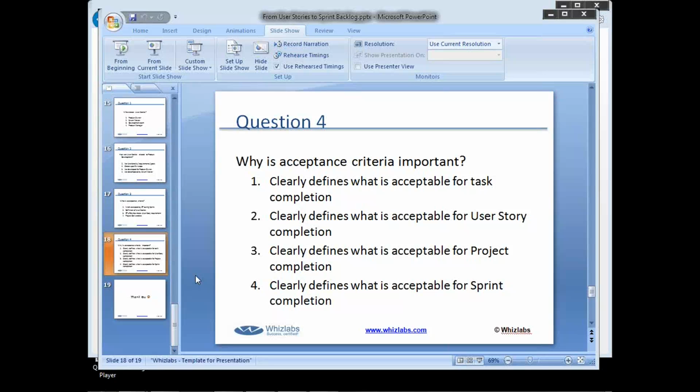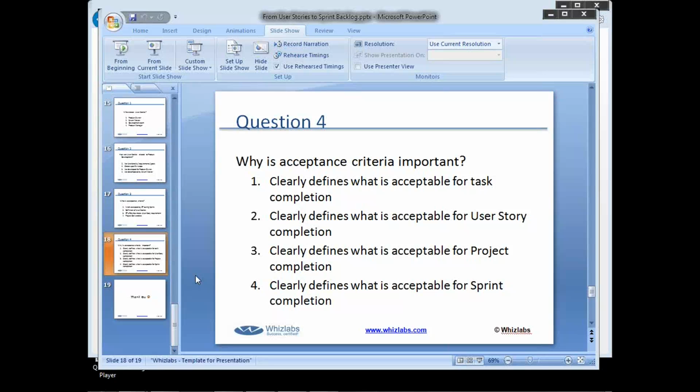Okay. All right. So the answer to question number 4 is 2. It clearly defines what is acceptable for user story completion, right? Acceptable. It wouldn't be for sprint completion.